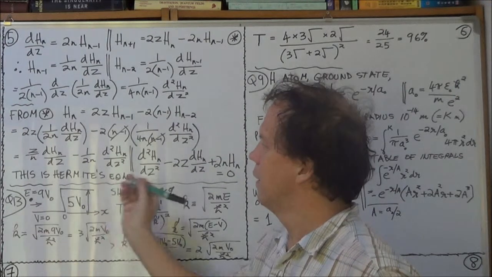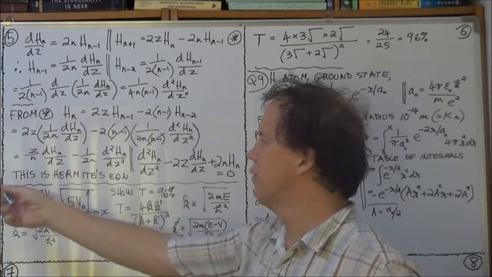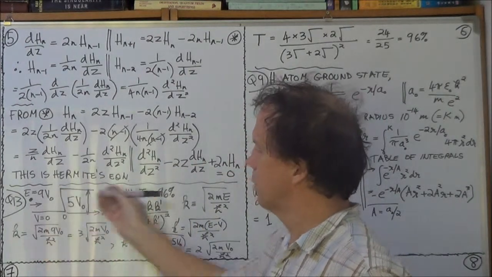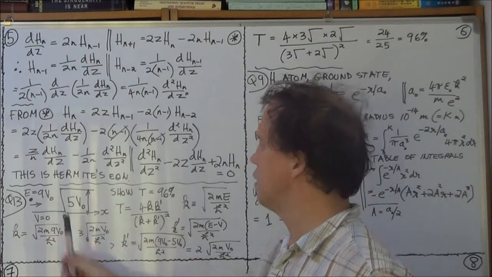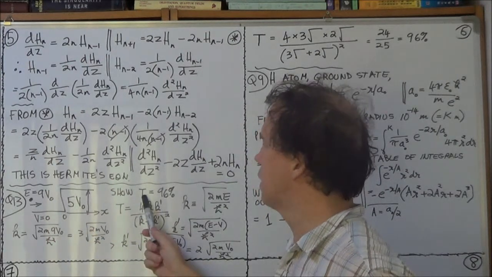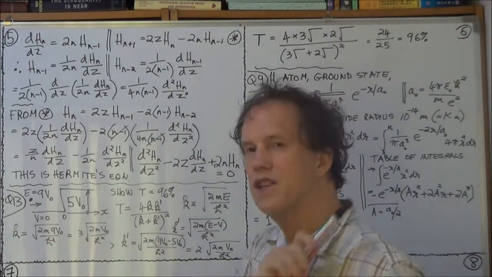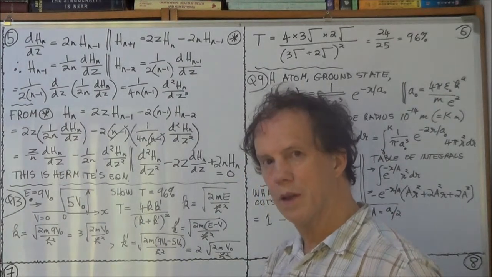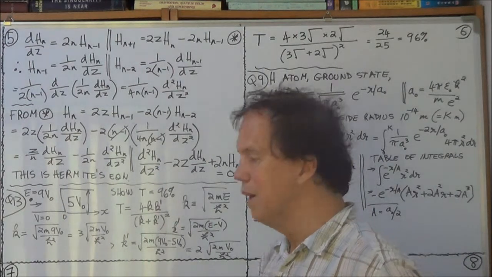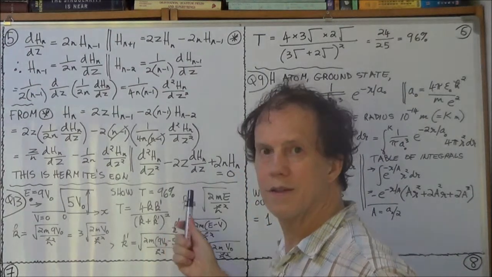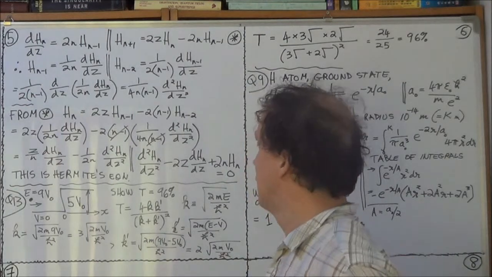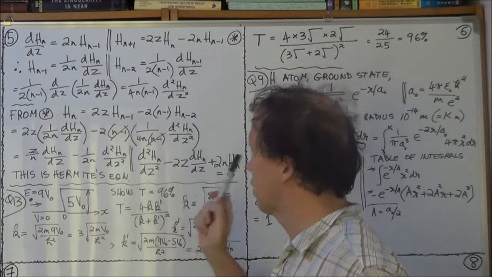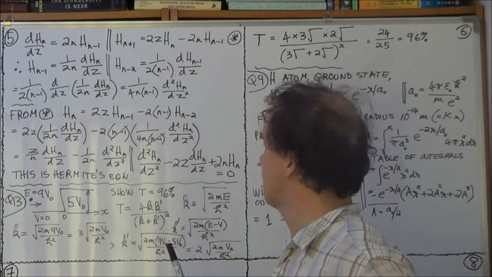So there'll be some reflection and some transmission, but some of it will continue on because the energy is greater. And you're asked to show that big T, the fraction of your probability going through, is in fact 96%. So nearly all of it goes through.